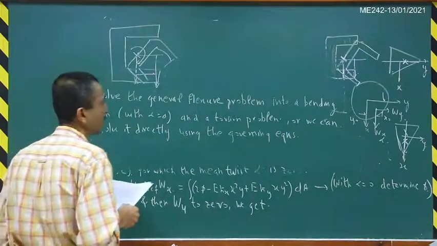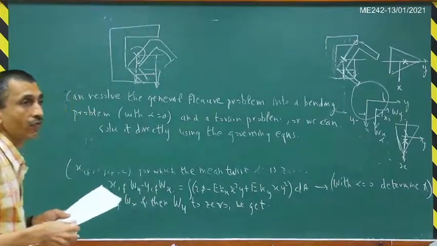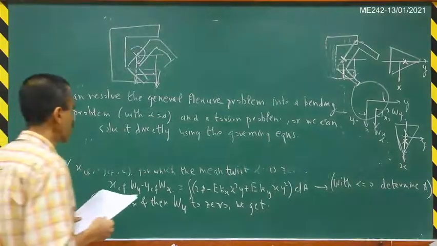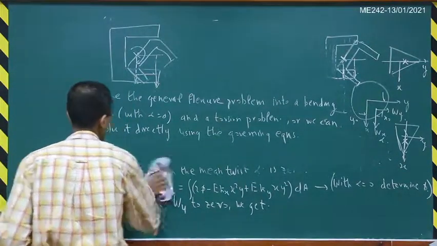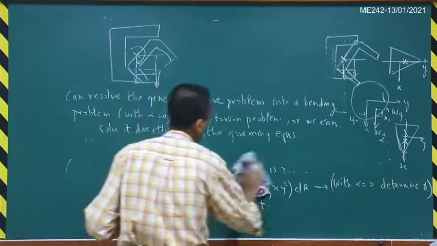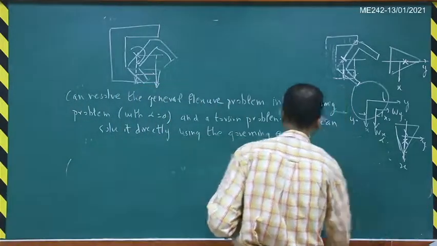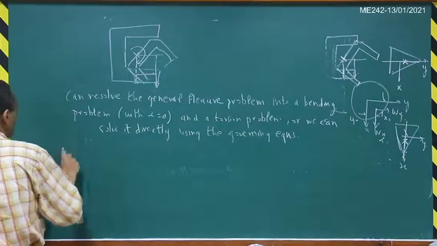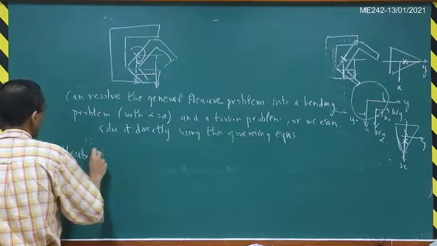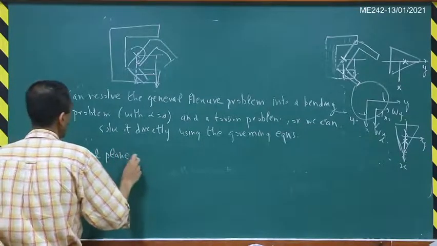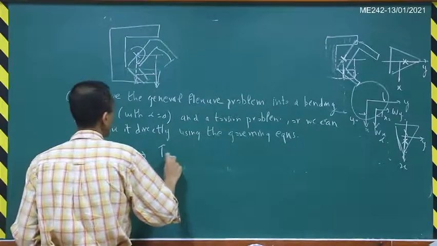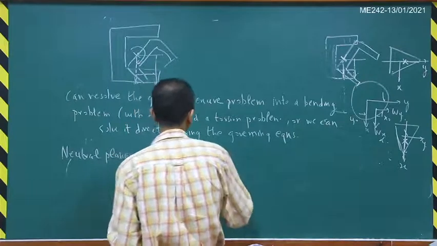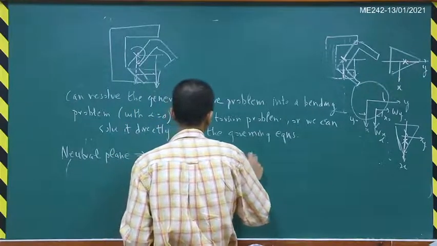And just like we had a neutral plane in the case of the torsion, in the same way we have a neutral plane even here. So let us find out what this neutral plane is. That is the plane along which tau zz is 0. So let us write that. Neutral plane: tau z equal to 0, and we will get that tan beta is equal to y by x.